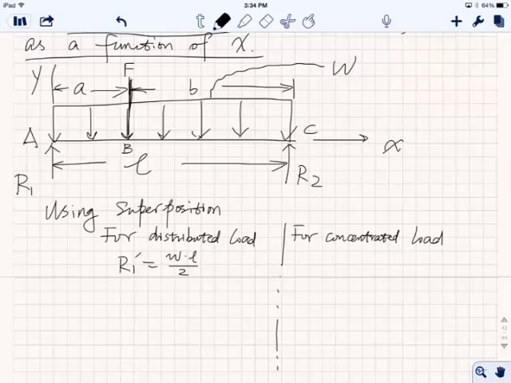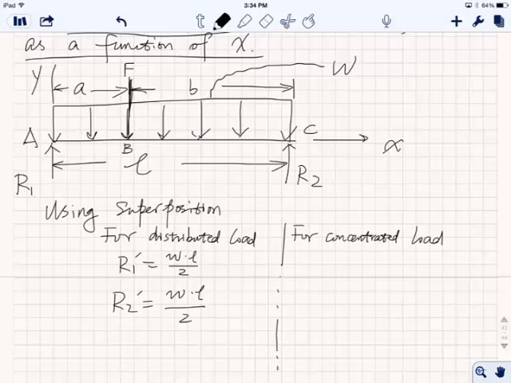Now the total effective load will just equal w times L, right? Because the distributed load is across the entire length from point A all the way to point C. So it's equivalent to a force in the center. So each of these two reactions will take half of it. So that's why it's w times L divided by 2. Okay? All right, and R2, it's the same thing.